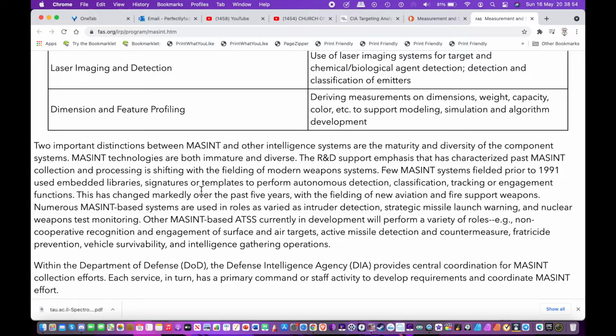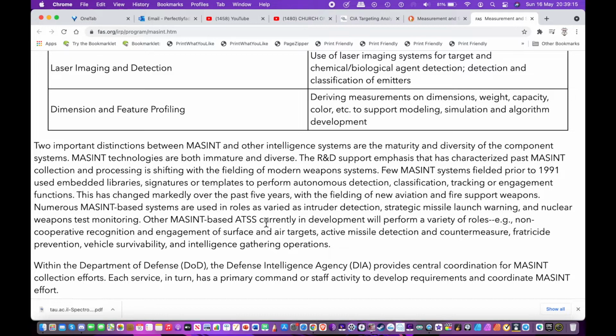Few MASINT systems fielded prior to 1991 used embedded libraries, signatures, or templates to perform autonomous detection, classification, tracking, and engagement functions.